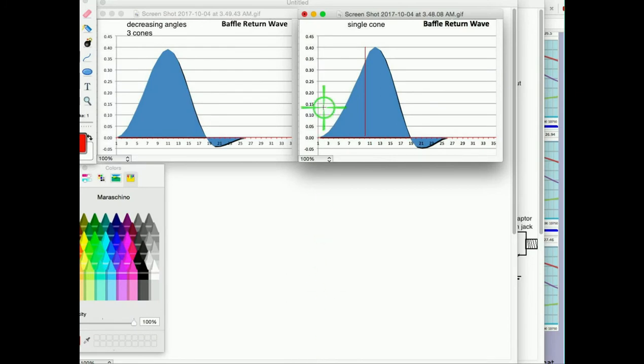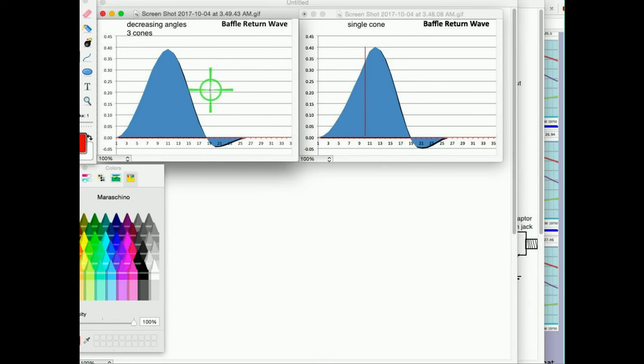These are the two return waves of the two types of baffles. This is a single cone that's right of center. And this is the new design. I say new, but it's not really.